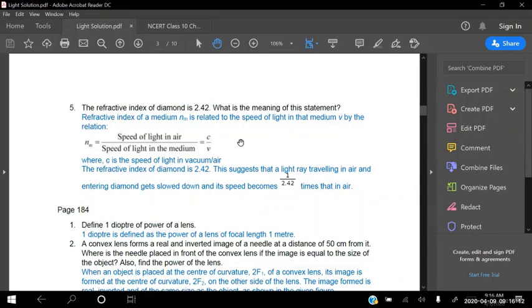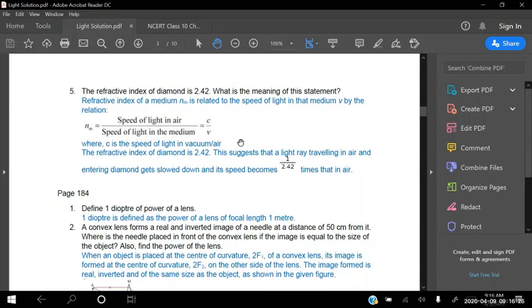This suggests that light ray traveled in the air and entering diamond gets slowed down and speed becomes 1 upon 2.42 times that in air. If another value is given, you will write 1 upon that value times that in air, and that will complete your answer. So for any medium, you can write this answer.